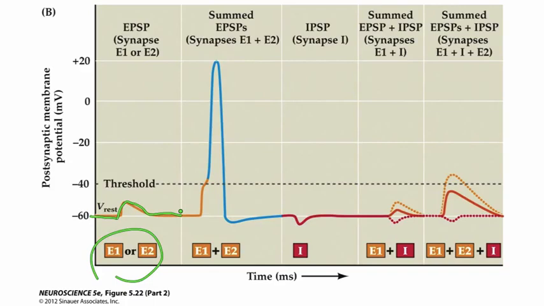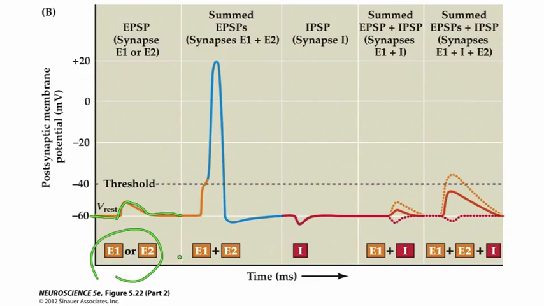So in order to achieve firing threshold for the generation of an action potential, we need to have multiple excitatory inputs summate their postsynaptic potentials in the same region of the dendrite at the same time. This is what we call summation.